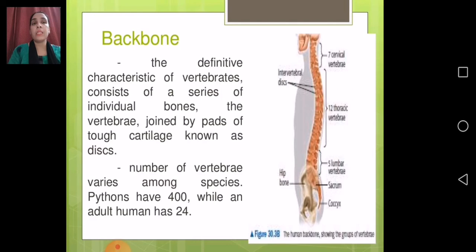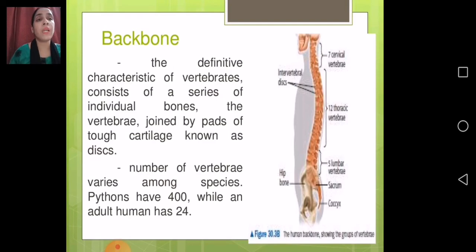So the definite characteristic of vertebrates consists of a series of individual bones, the vertebrae, joined by pads of tough cartilage known as discs. Now the number of vertebrae varies among species. Python have 400 while an adult has 24 vertebrae only. Now 24 means a pair of, that is, a pair of 24.